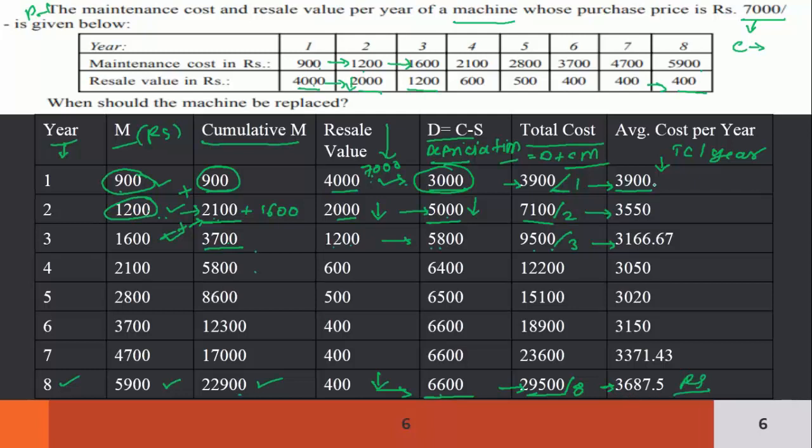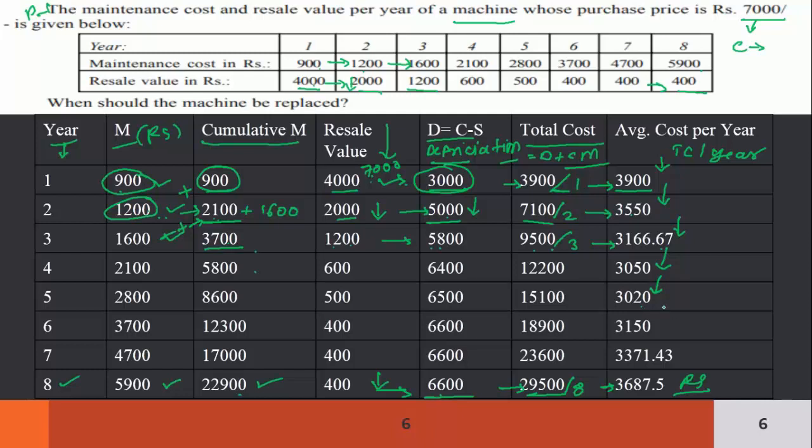When we observe the last column, it is very important to see that from the first year to the second year, the average cost goes from 3900 and decreases. For the third year it is again decreasing. For the fourth year it is again decreasing, from 3166 to 3050 rupees. For the fifth year it is again decreasing to 3020.